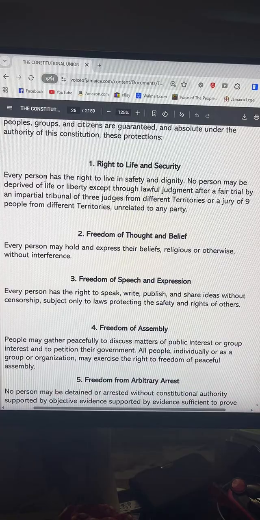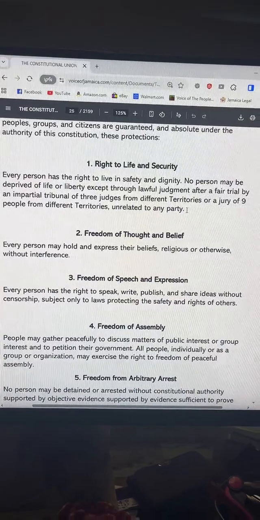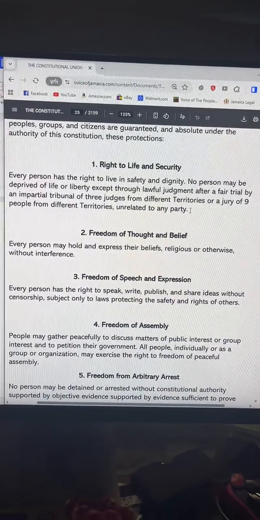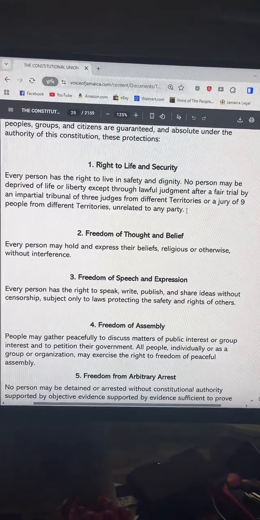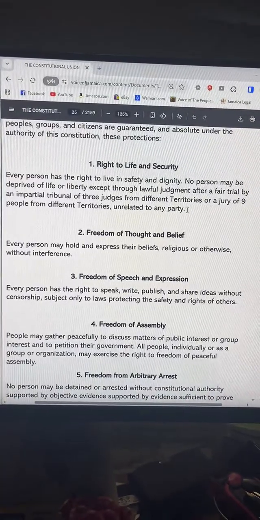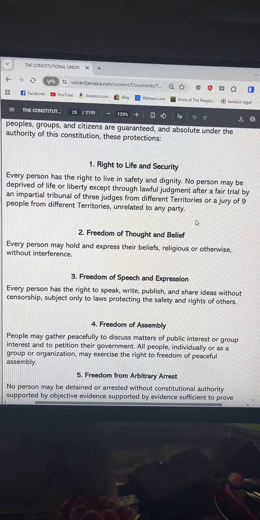Right, so the right to life and security, again, can only be deprived through lawful judgment. We can't have a society where someone loses their life because of the decision of one person on a street. It has to be through a lawful process where someone gets to present evidence, go through discovery, see what is against them and face their accuser as well.